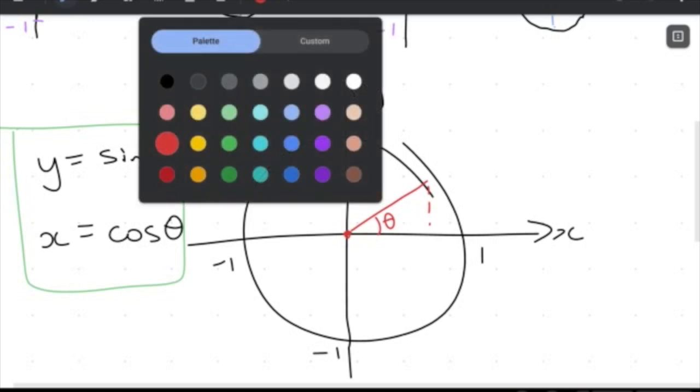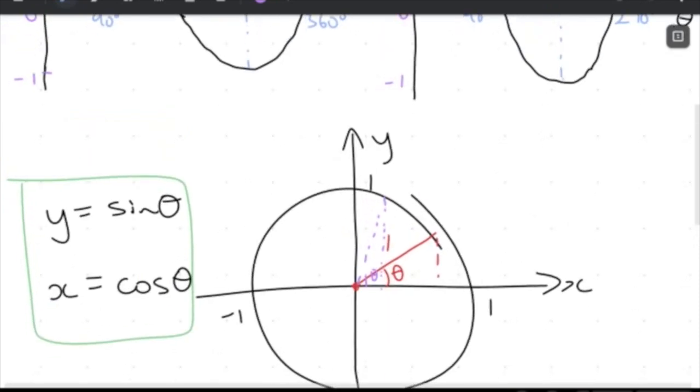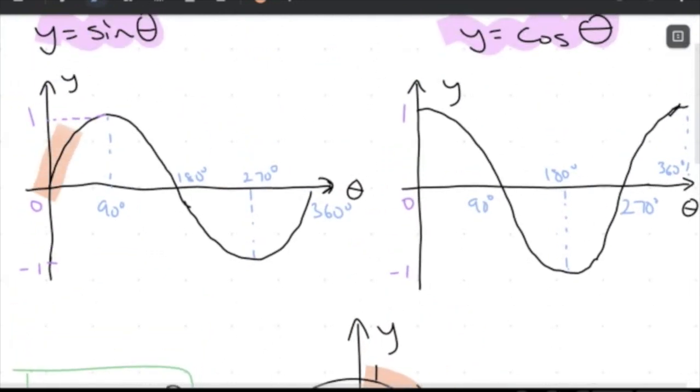But as I cycle through and make my theta bigger, my opposite side, my y, gets bigger as well. So as we go from 0 to 90, my sine is increasing because my y component here is getting bigger. It's approaching 1. And that is exactly what we get here.